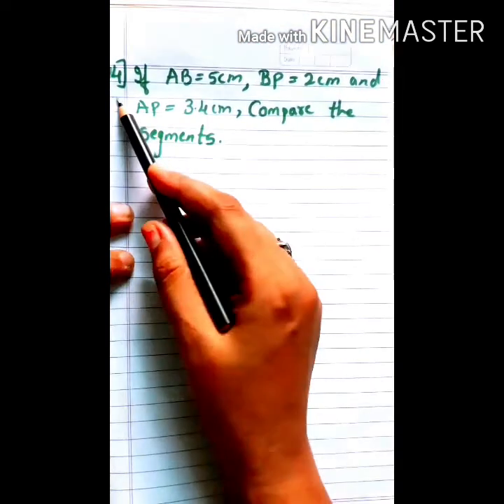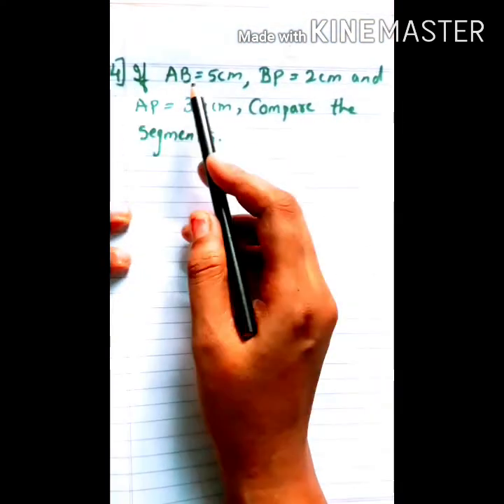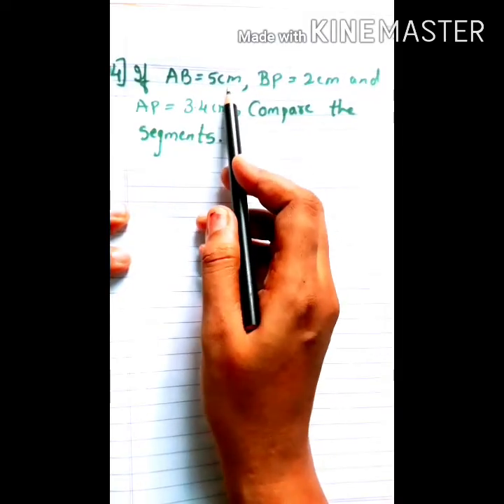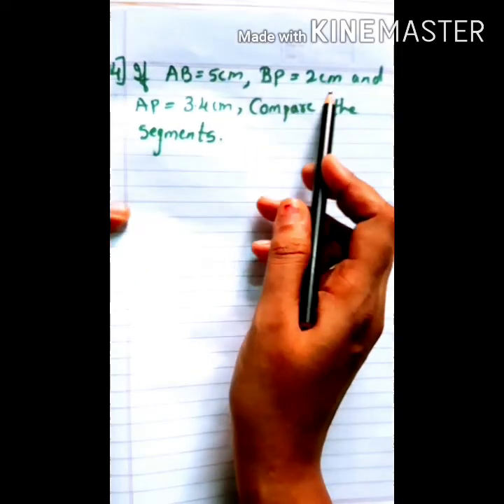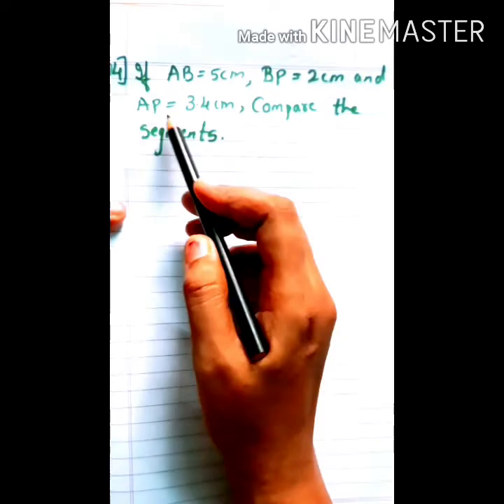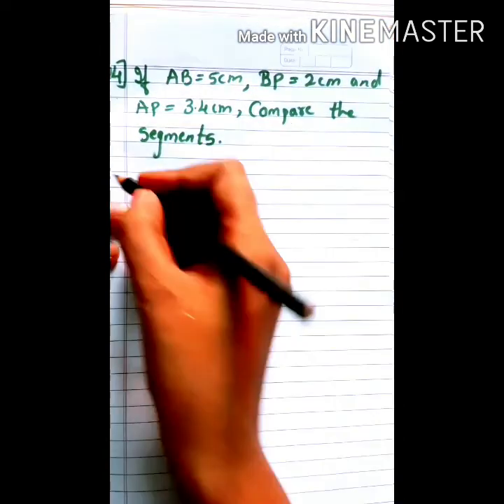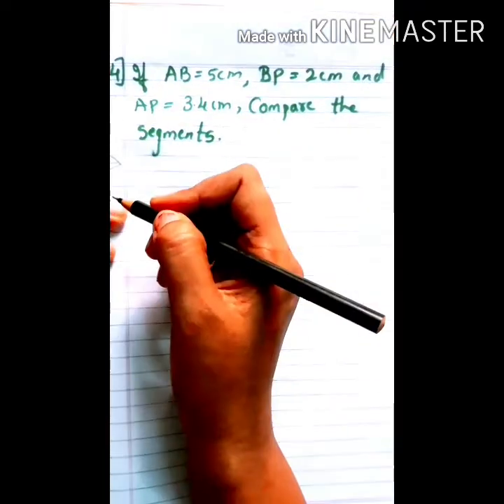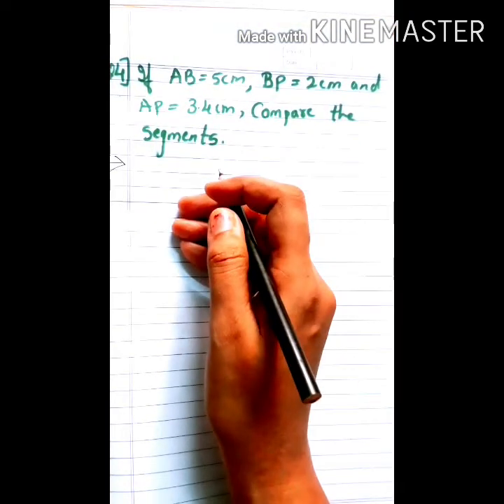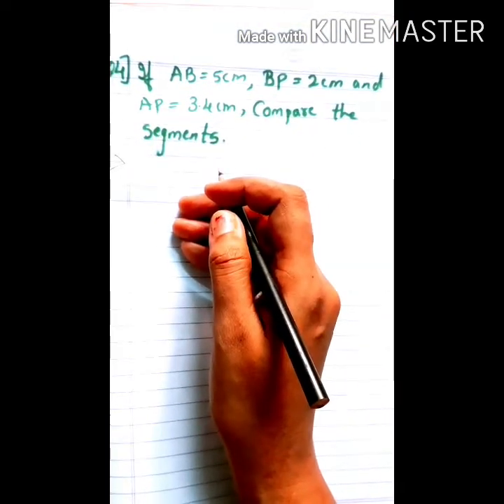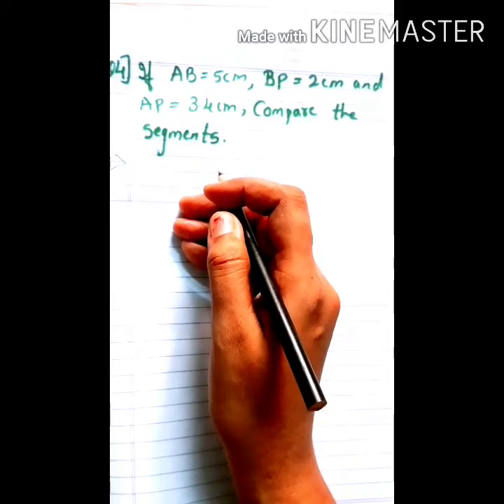Question number 4. If AB is given 5 centimeter, BP is given 2 centimeter, and AP is given 3.4 centimeter, compare the segments. Already I have explained to you, we can compare the segments by their given length.